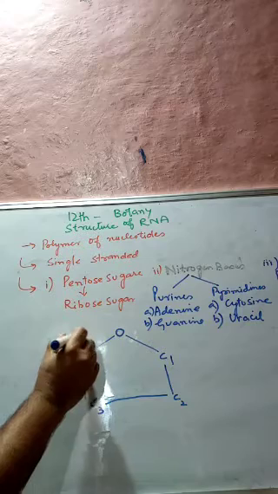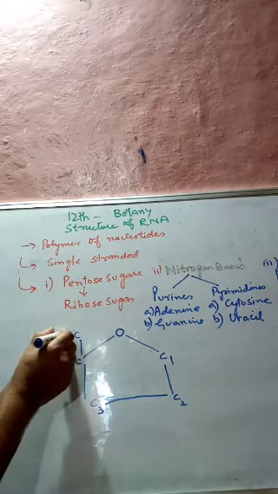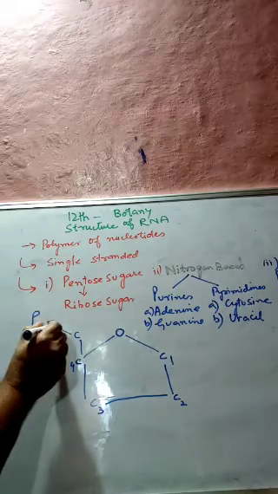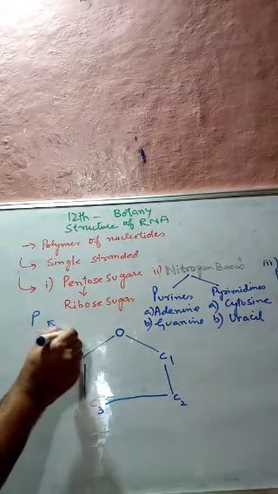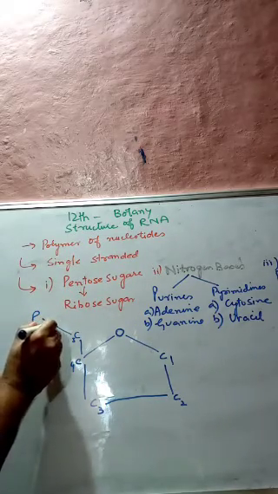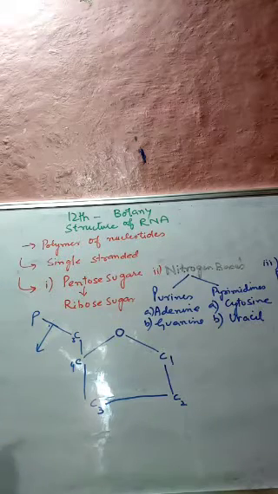And here we will see carbon fifth, which is actually CH2OH, and here is the phosphate group. This carbon fifth is attached to the phosphate group by a bond that is called phosphodiester.